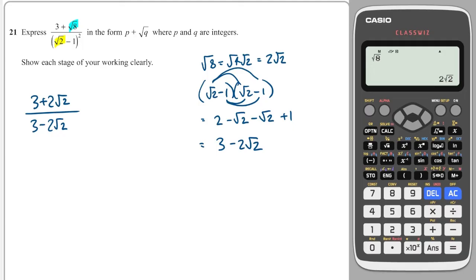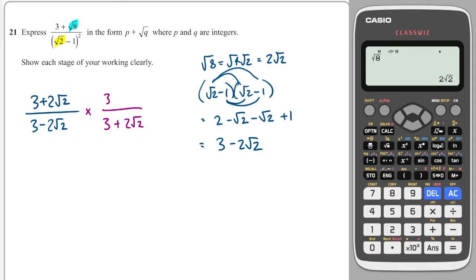Okay, now I want to rationalise the denominator. So in order to do that, if I have a denominator which has a surd and a rational number in, I will need to multiply by the rational number and the surd, but swap the sign over.